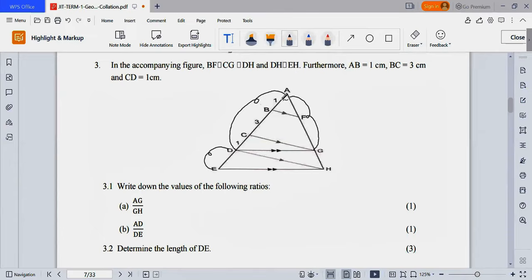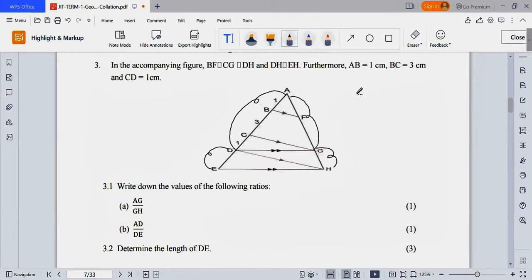So if we look at it from this angle here, you see this is AD crossing over to which parallel line? This parallel line that we are seeing here, which is DG, right? And then the DE here crossing over to this parallel line that we see, EH. So the DE is in proportion to GH, right?